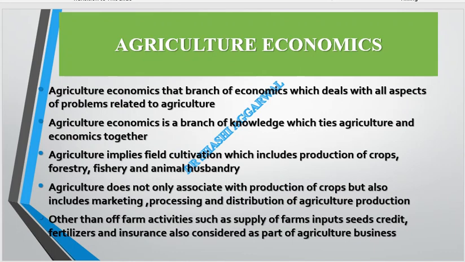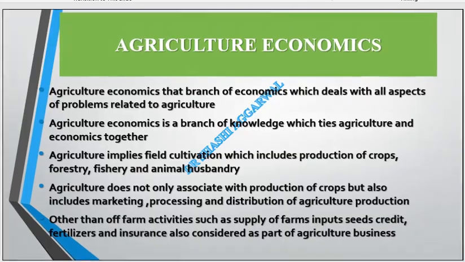So agriculture is not only associated with production of crops but also includes marketing, processing, and distribution of agricultural production, and off-farm activities such as supply of farm inputs, seeds, credit, fertilizer, and insurance.